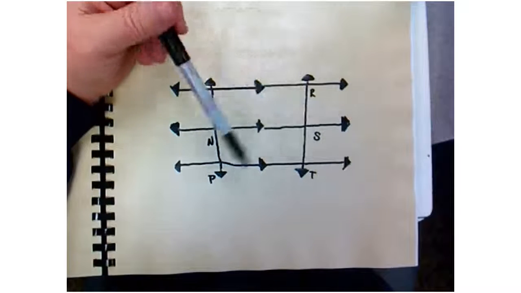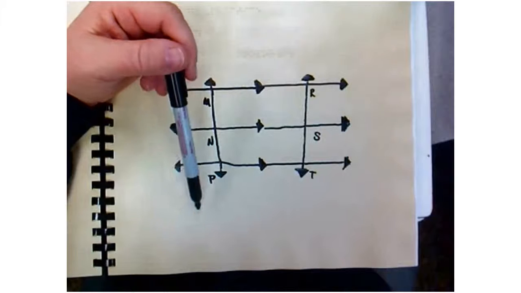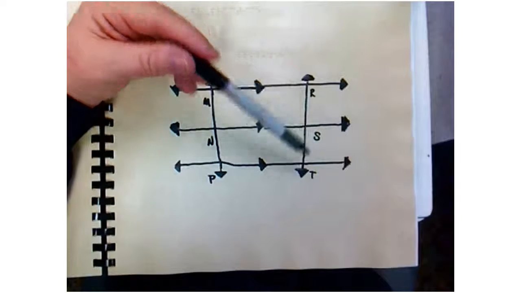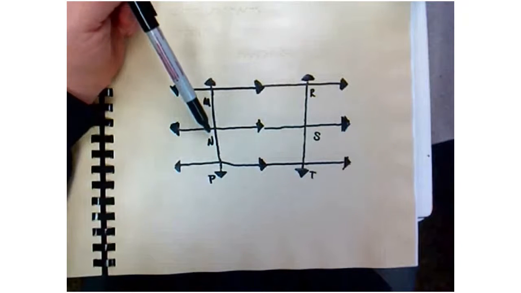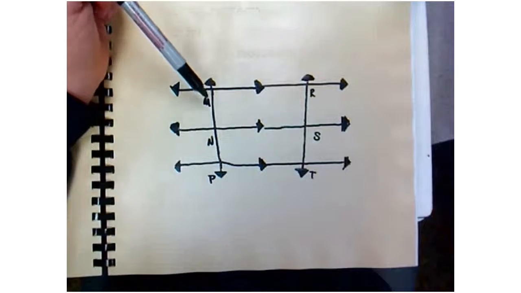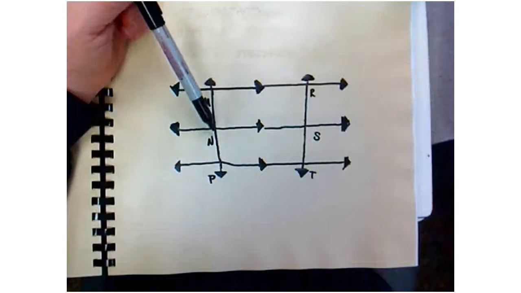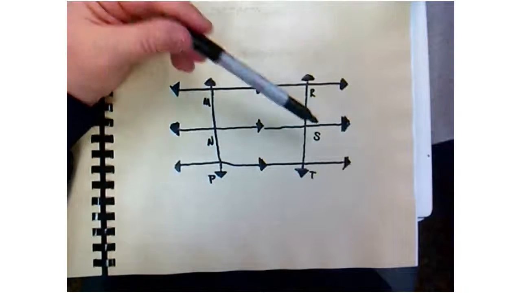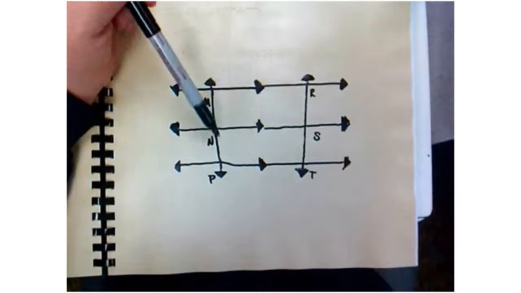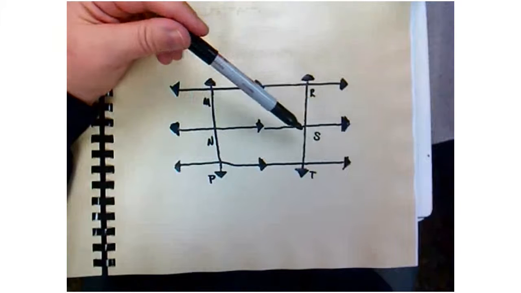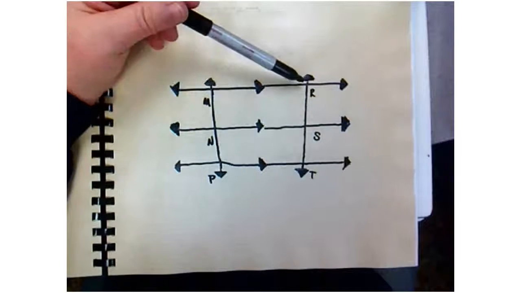Okay. Number 5 down below asks us, ST is to blank as NP is to MN. NP is to MN as ST is to what?